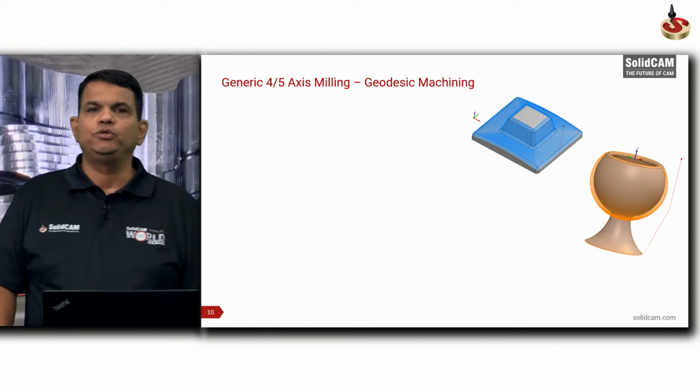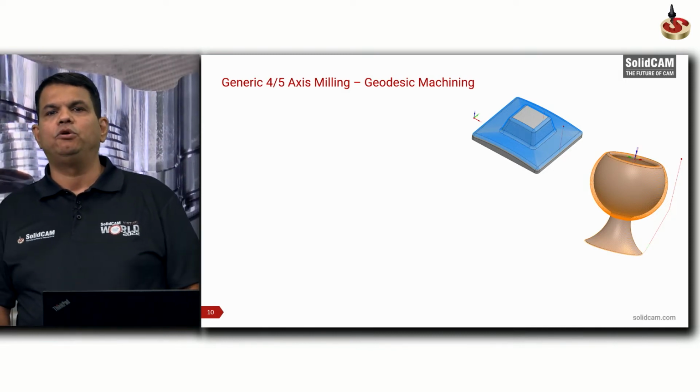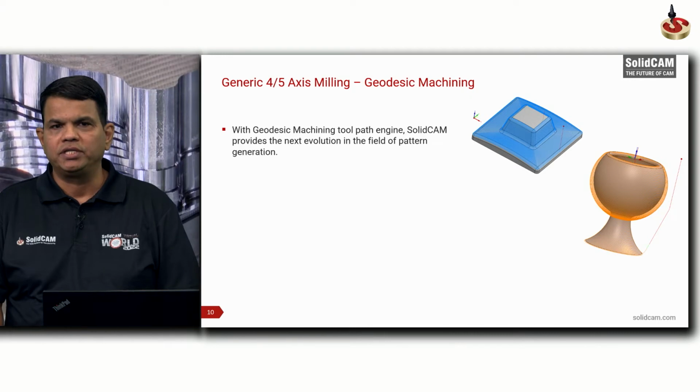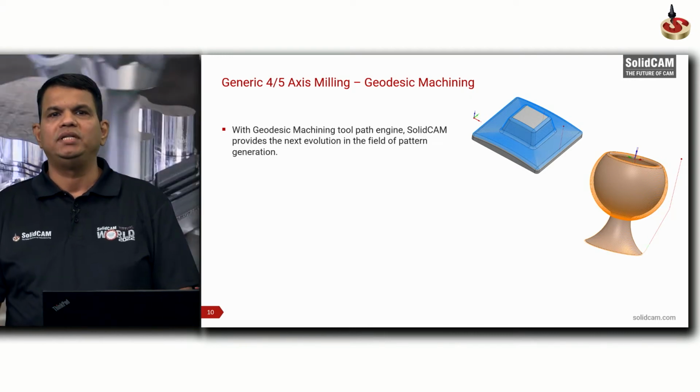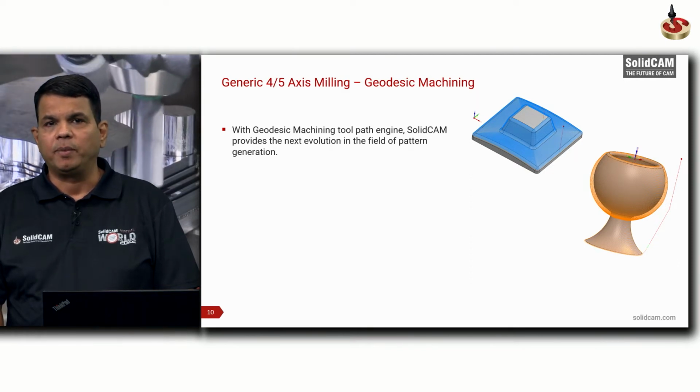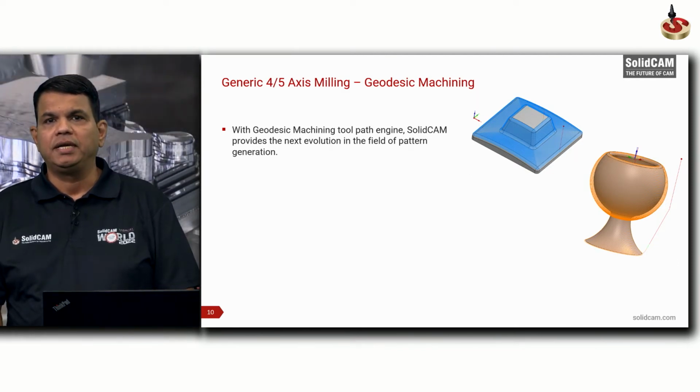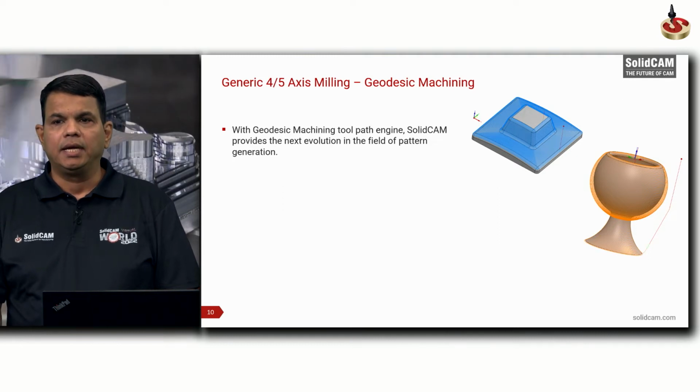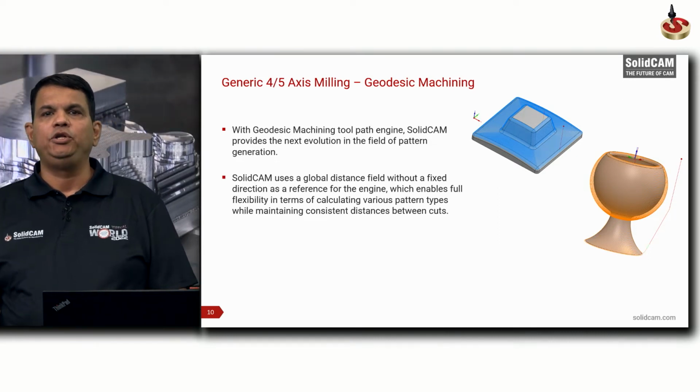We recently introduced, a couple of years back, a technology called Geodesic Machining. Geodesic here means SolidCAM provides a new, next generation evolution in the field of pattern generation. Pattern generation is taken care of by this engine. What happens in Geodesic is it uses a global field.